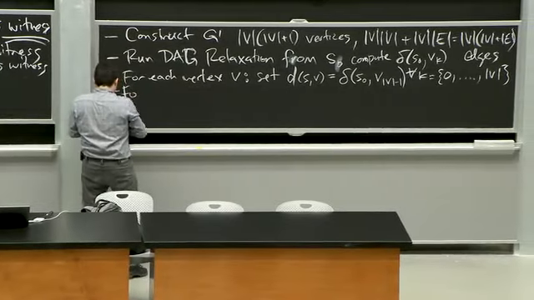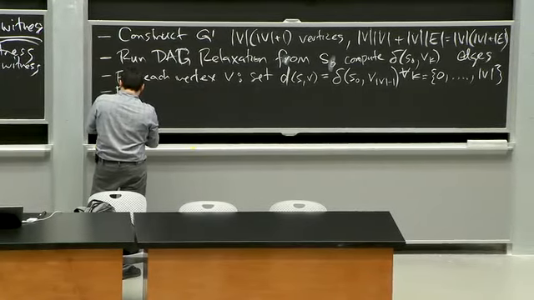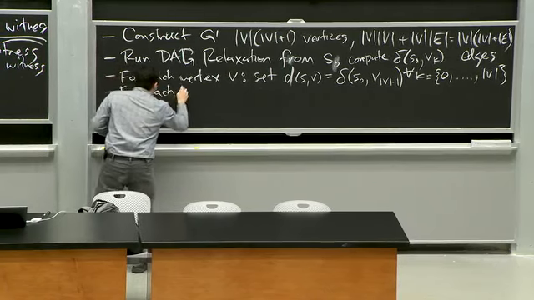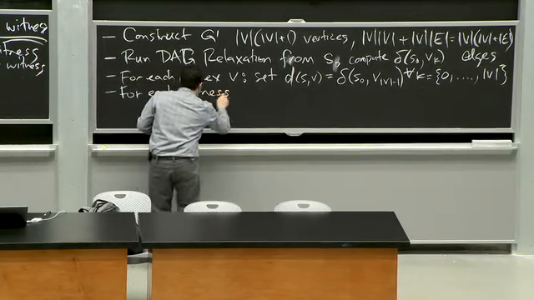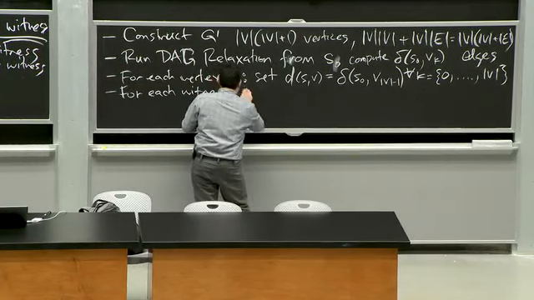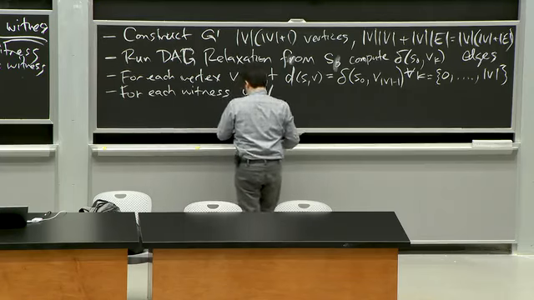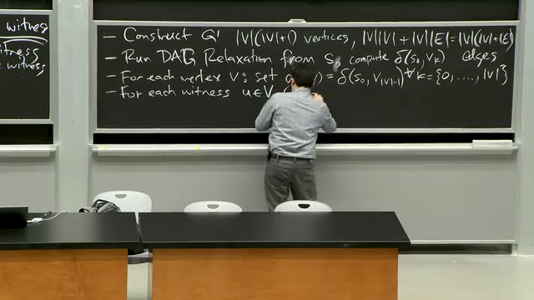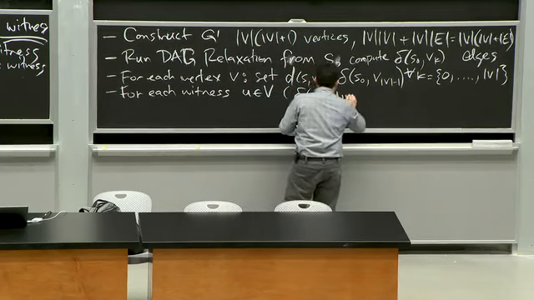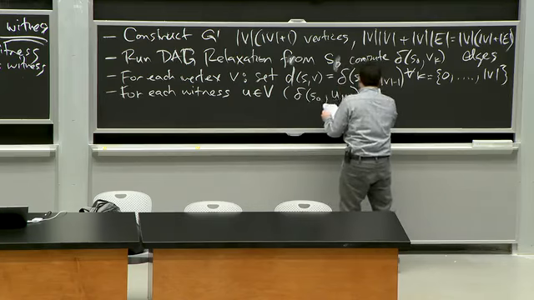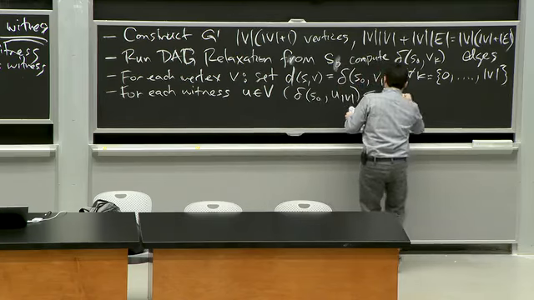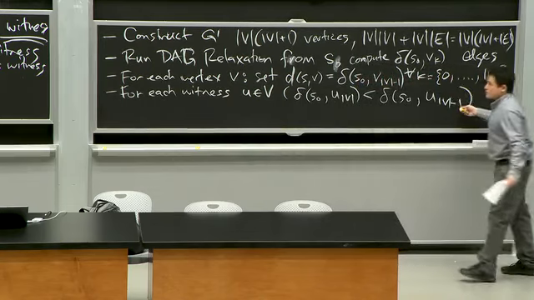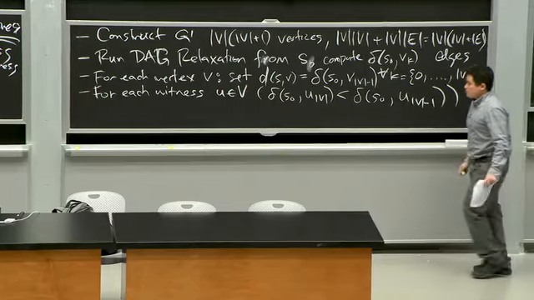So for each witness u in V, where delta S naught u V is strictly less than S naught u V minus 1. That's the definition of a witness here. Close the parentheses.